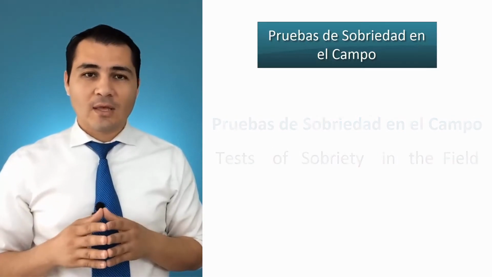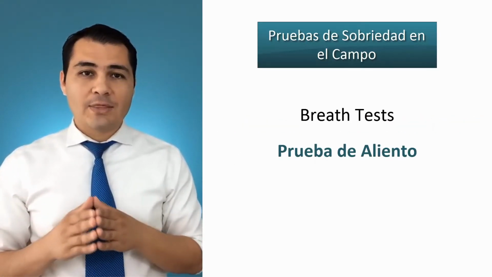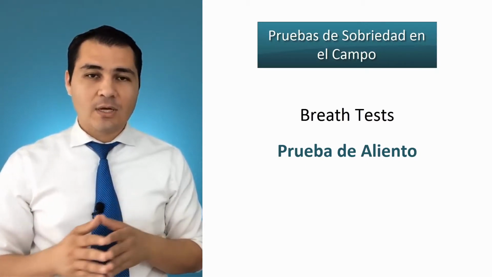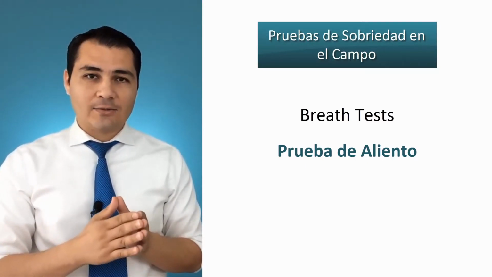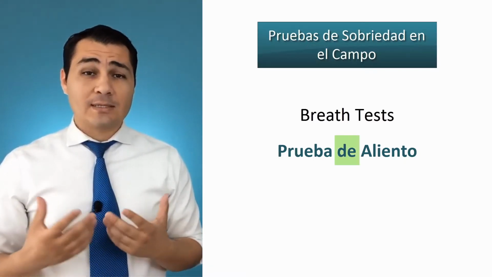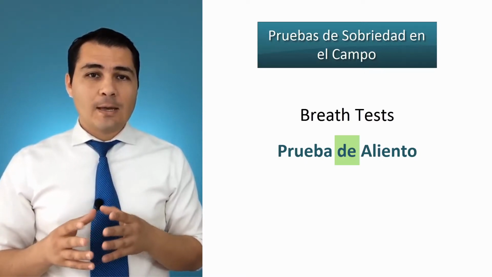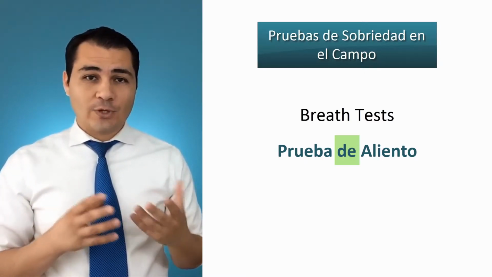Number 1, breath test. In Spanish, prueba de aliento. Quick note. Preposition de is a descriptive preposition. Its function is to state the type of test we are talking about.